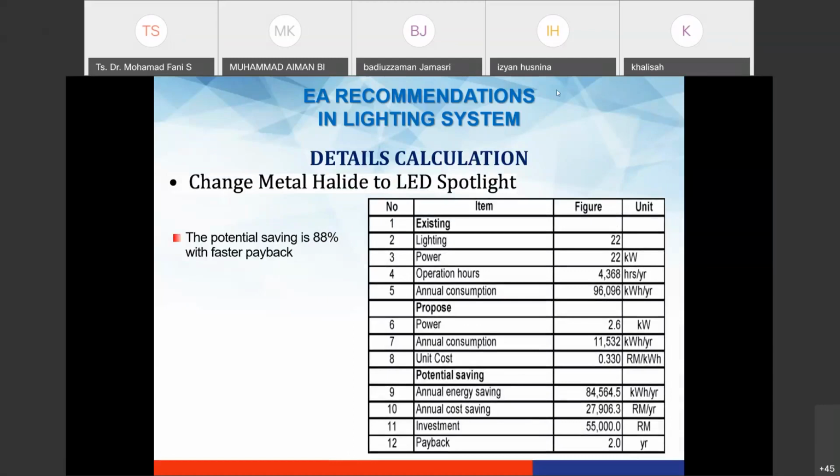For example, here 2 years, and your investment is 55K. By reduction of the electricity bill, you can get this investment value back within that period.